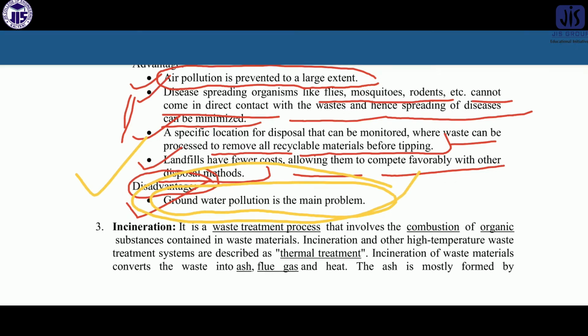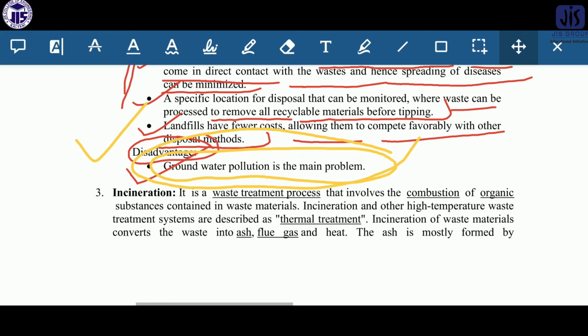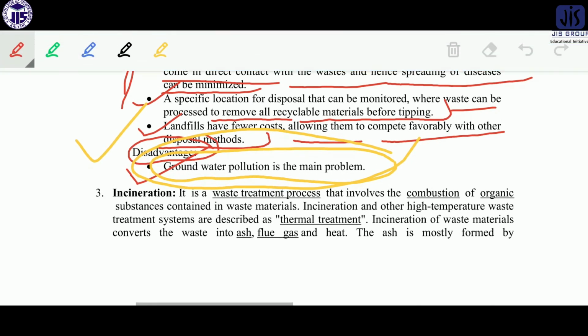Come to the second type of process. This is called incineration. So what is incineration? Incineration means burning of the solid waste materials. This is also called thermal treatment.